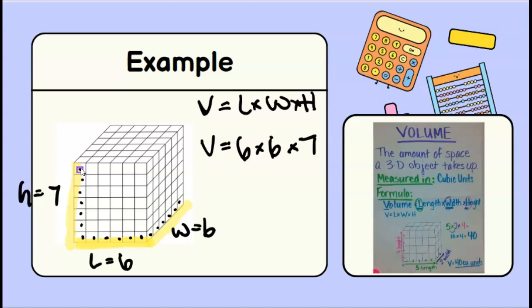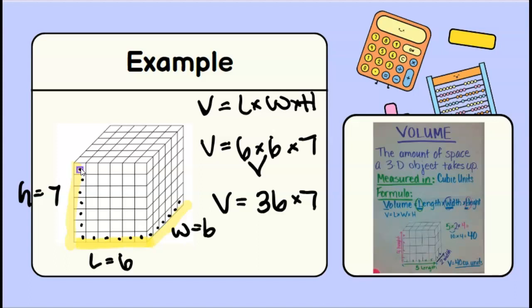Now it is my job to go ahead and perform all these operations and simplify that equation to get my volume. So the first thing I can do is 6 times 6. I know from my math facts, 6 times 6 is 36. And then I'm going to bring that 7 down because I still have to multiply that out.